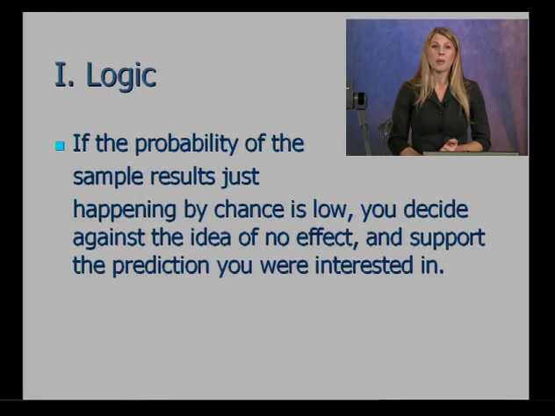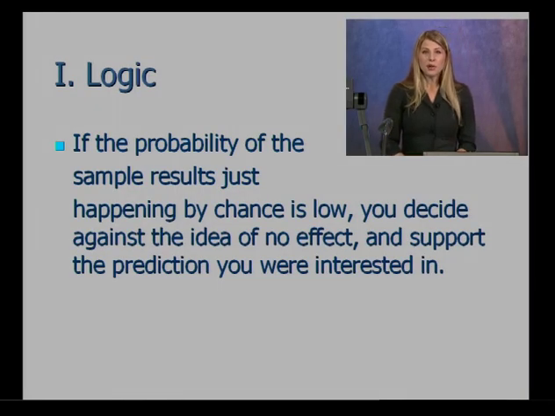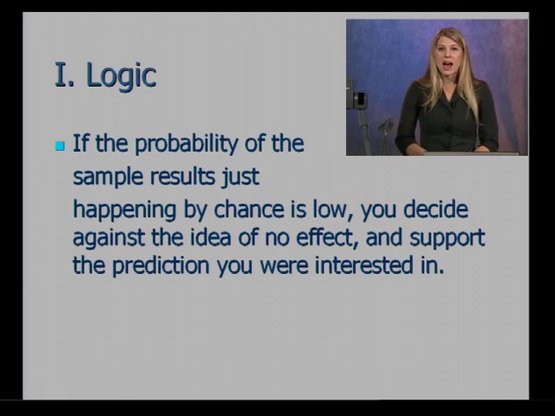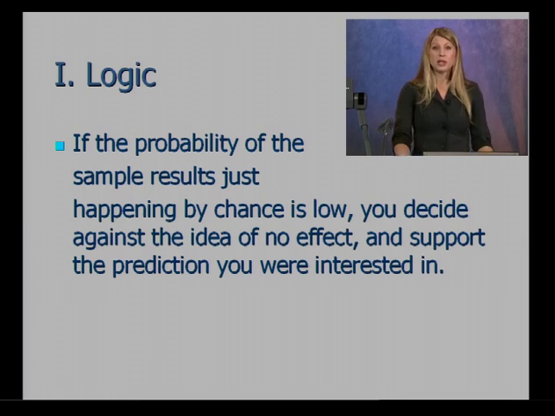Let's think a little bit more about the logic of hypothesis testing. If the probability of the sample results happening just by chance is low, so whatever the difference between your groups is, if the probability you get that just by chance, not due to some true effect of your experiment, is very low, then you decide against chance and you support the thing that you were actually interested in.